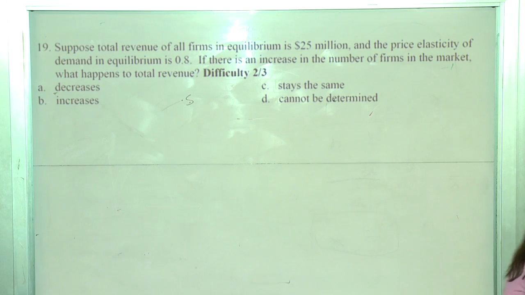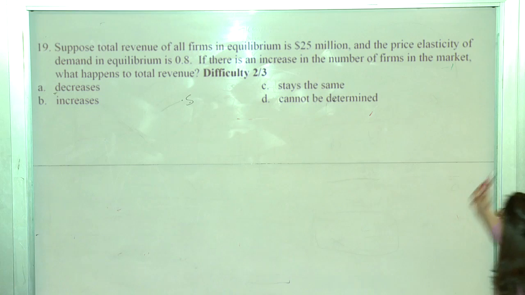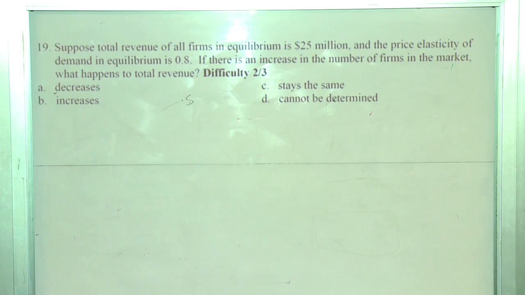How are we going to figure this one out? What information do we have? We're given this price elasticity of demand, and based on what that number is, we can already tell some things.